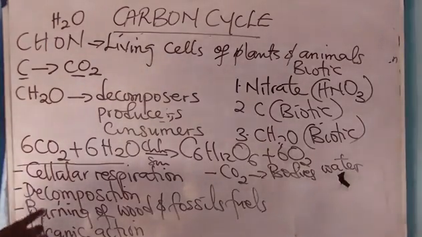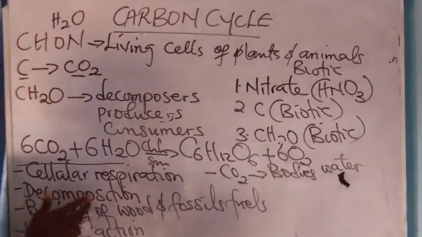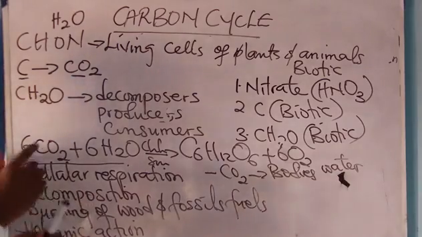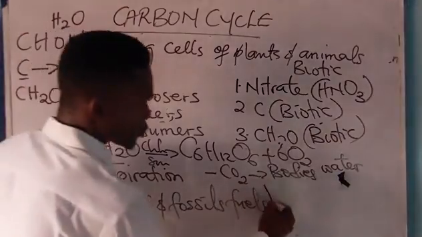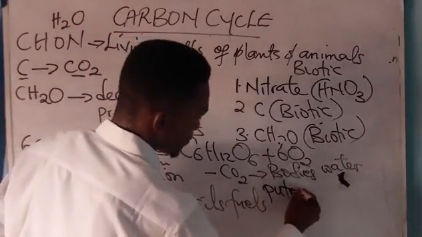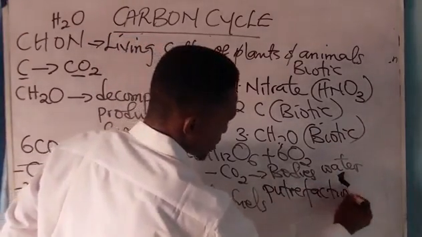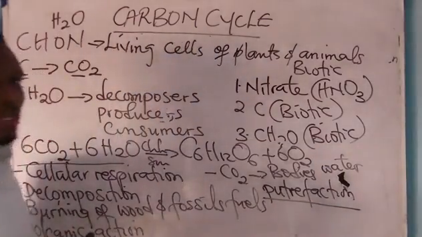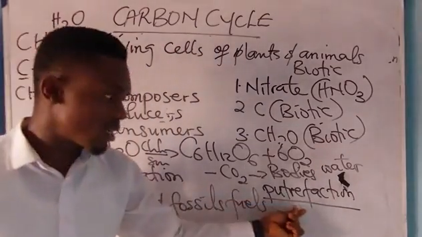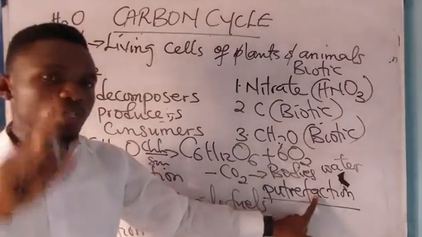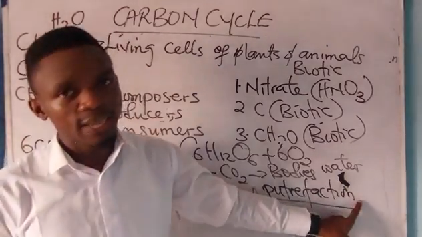Take note of that. From decomposition, by decomposing agents, carbon dioxide is released to the atmosphere. Then through putrefaction, that is the decay of plants and animals, carbon dioxide is released into the atmosphere.